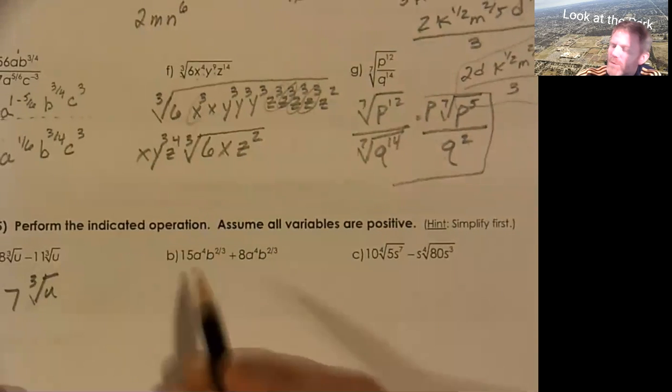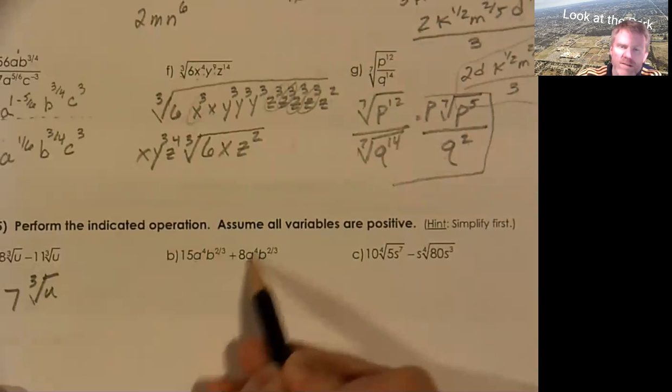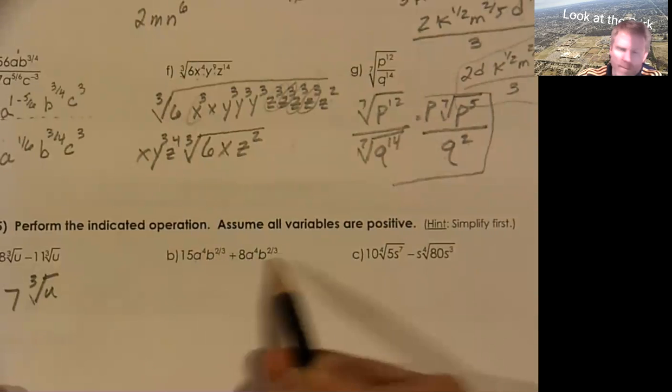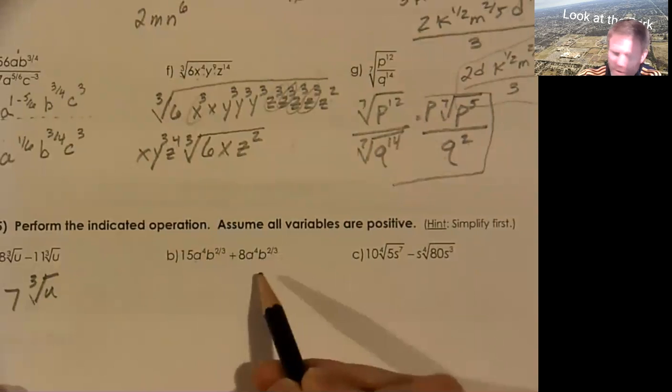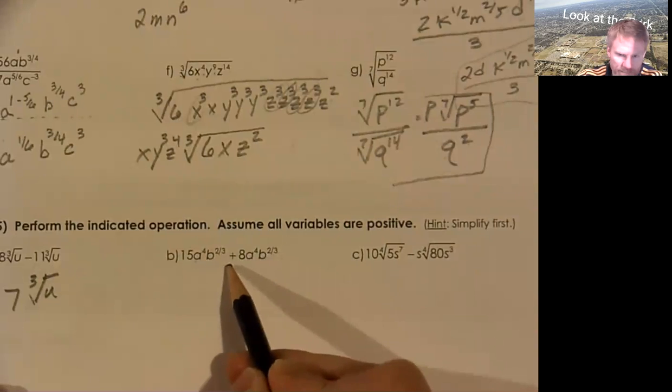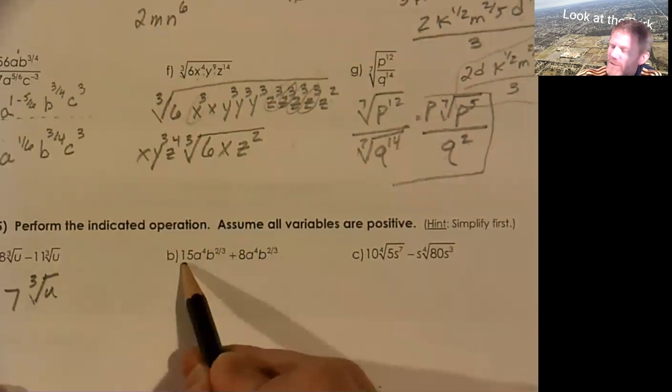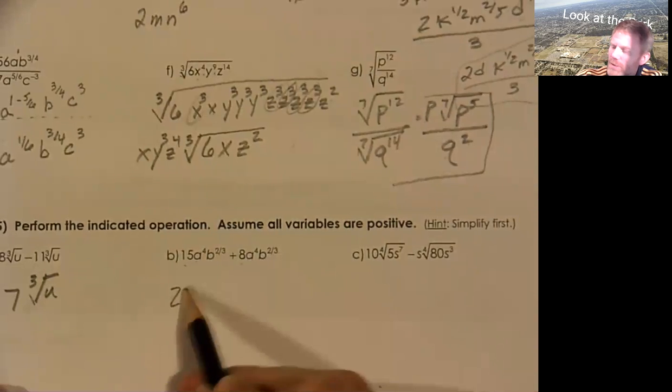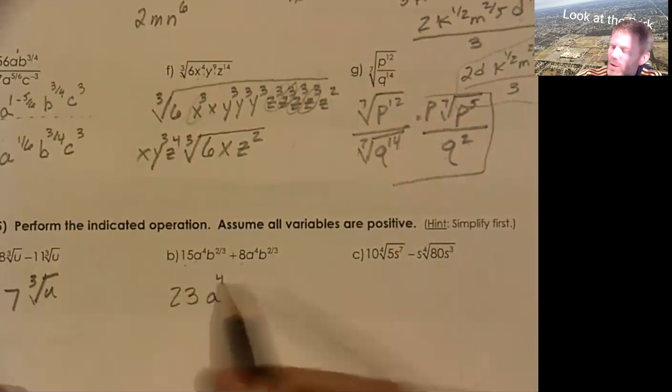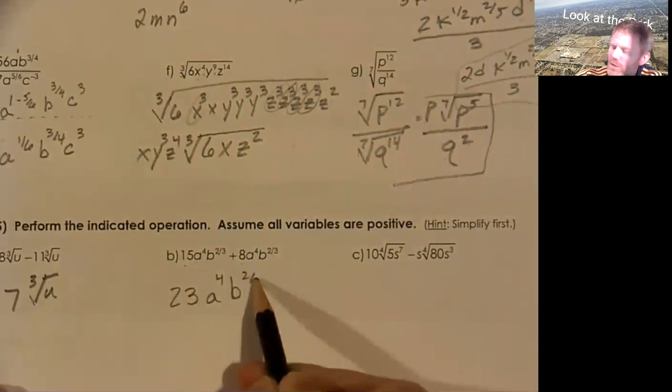Letter B, those are like terms because A to the 4th matches, B to the 2/3 matches. So all the variables are exactly the same. We're adding these together. So I got 15 plus 8, which is 23, A to the 4th, B to the 2/3.